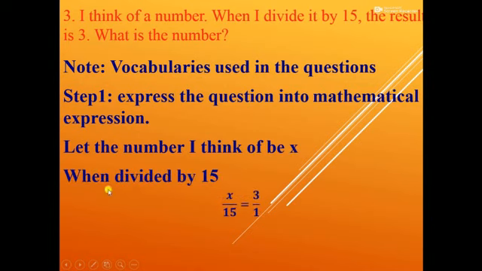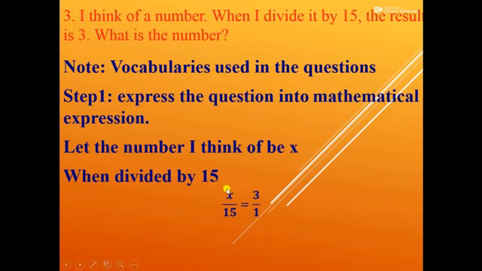Now when I divide it by 15, that is, when I divide the number I think of, which is x, by 15, we now have x divided by 15. The result there is the sign of equality.